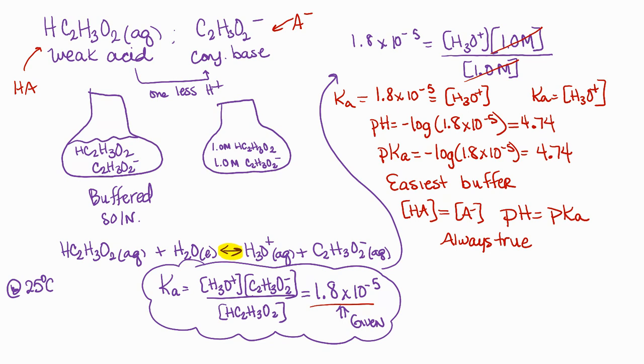In a buffer, though, you won't always have equal amounts of those, right? So how will it change if we add more weak acid or more conjugate base? Let's take a look at that part. I'm going to erase this.